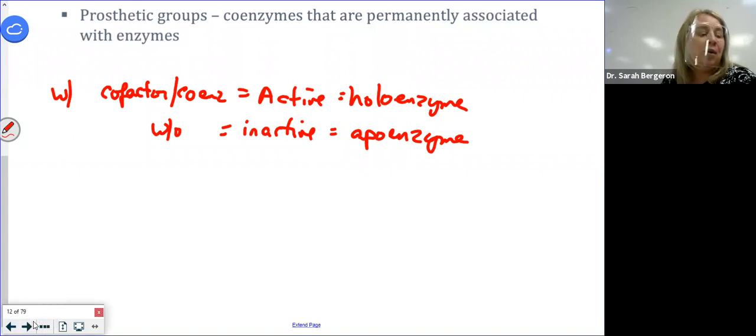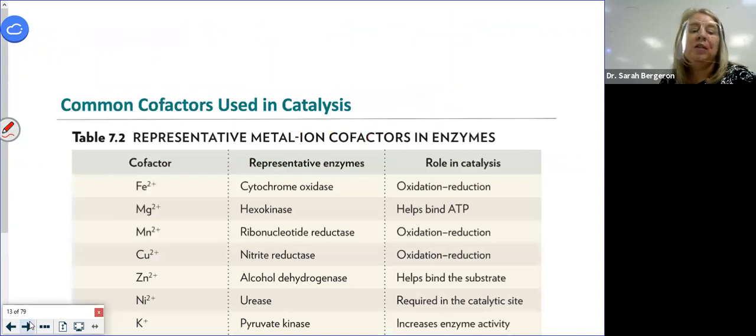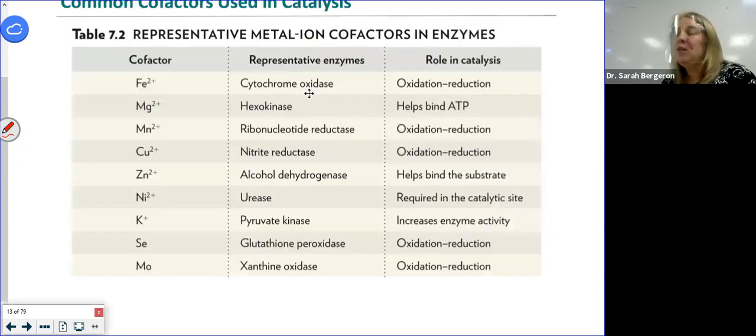All right, so when you look at the names, a lot of times you can look at the name and predict what its role is going to be. Do you have to know what the cofactors are for representative enzymes? No, you do not. Do not go forth and memorize that. Please do not. But what I want you to be able to do is to look at an enzyme name, cytochrome oxidase. If it's an oxidase, it's going to participate in an oxidation reduction reaction, right?